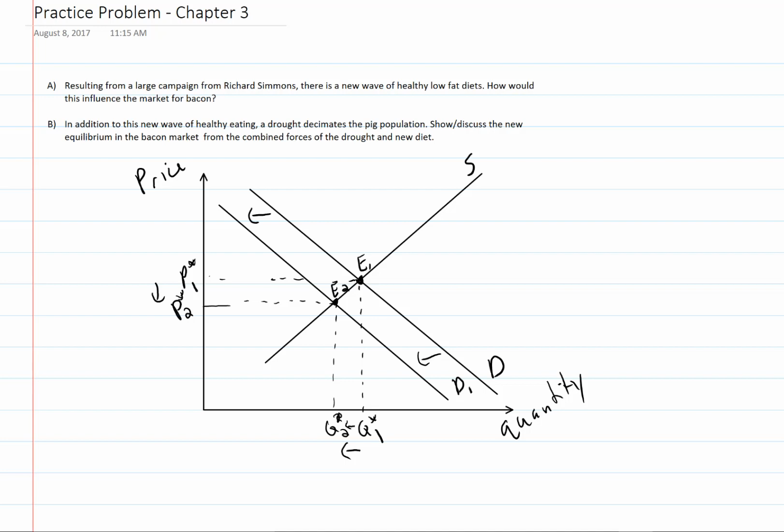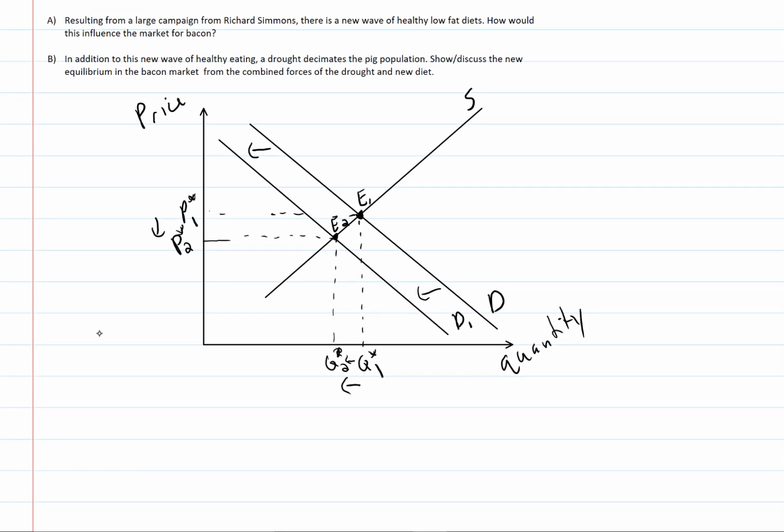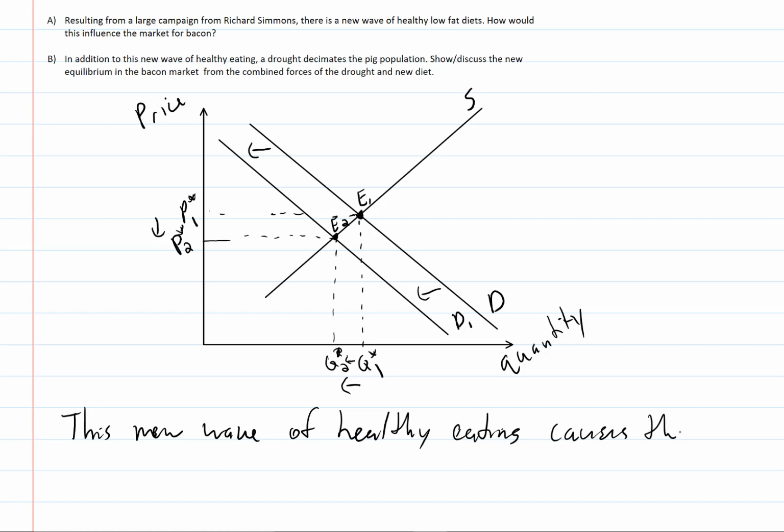So to complete our answer to this question, let's scroll down a bit, and let's write a sentence summing up our results. So this new wave of healthy eating causes the demand for bacon to decrease.